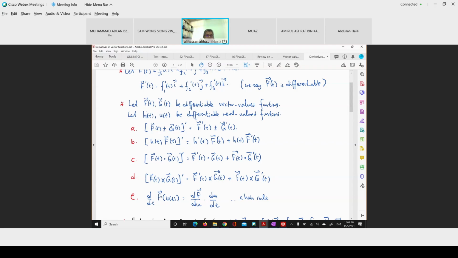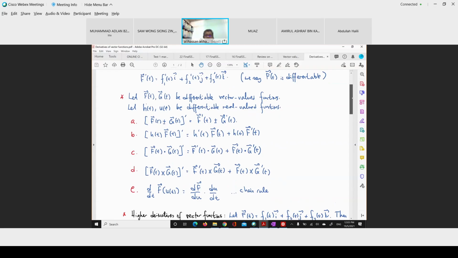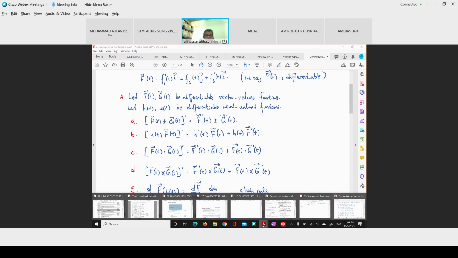We have a vector function F of a scalar function u, so its derivative obeys the same chain rule that you have seen for functions of a single variable. So let's see some examples of derivatives of vector valued functions.